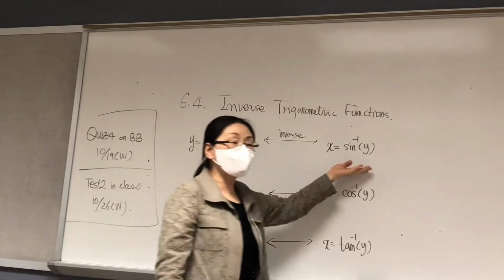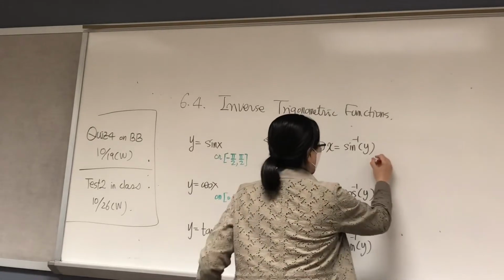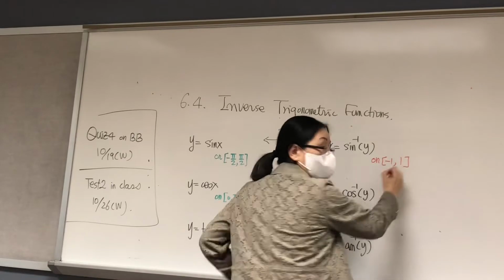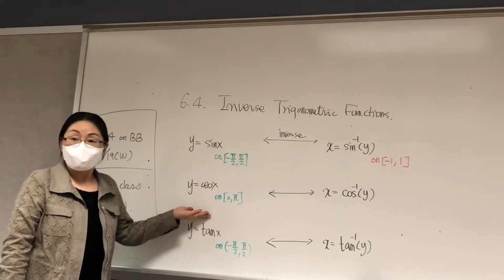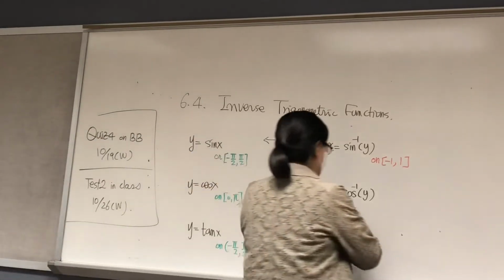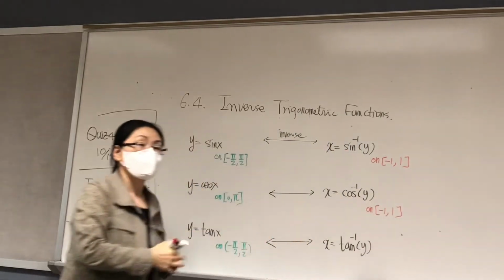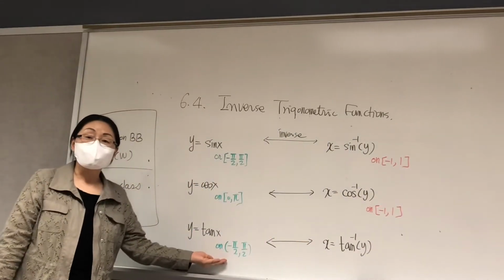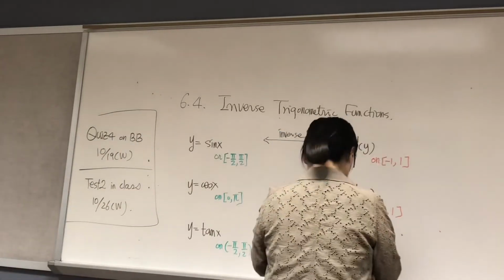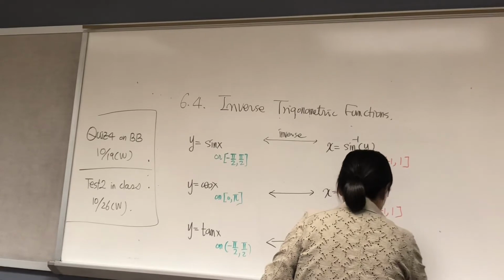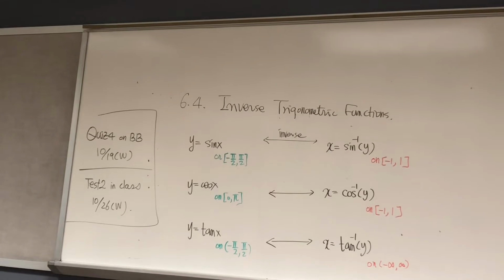Good. And then what is the domain of the inverse function? Same thing. Range is negative 1 to 1, and then what's the domain of this? What is the range of tangent? All real numbers. Good. So what is the domain? All of them. Very good. So double check 5.5.